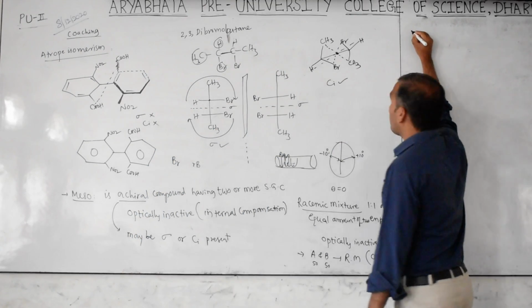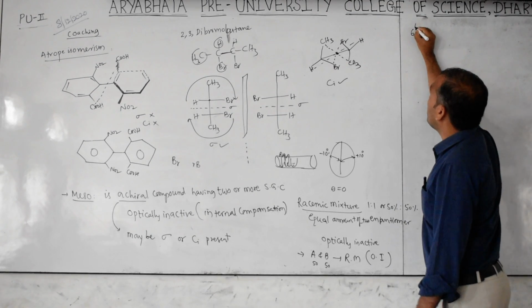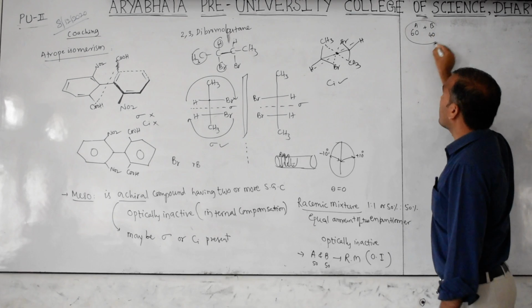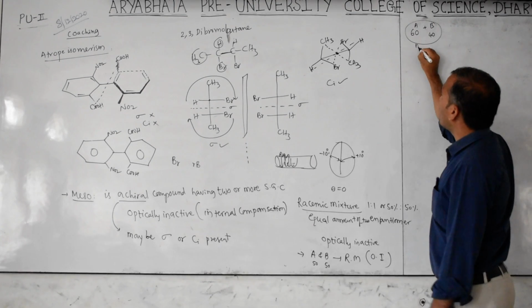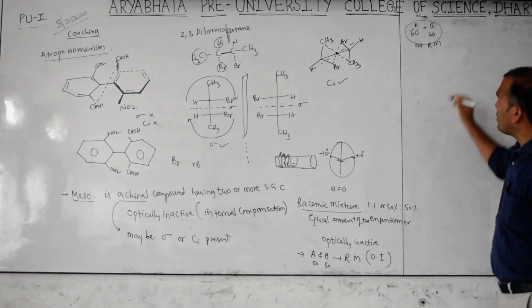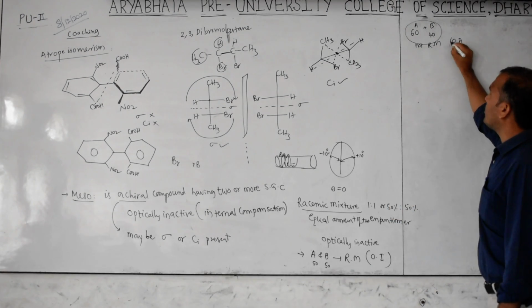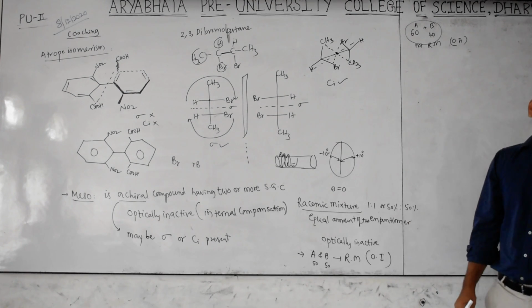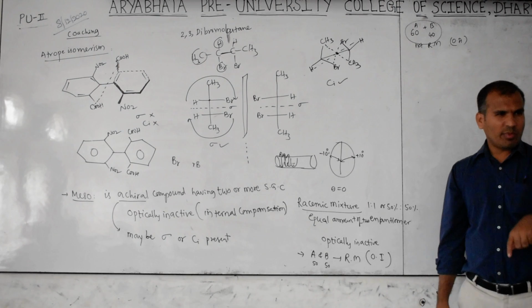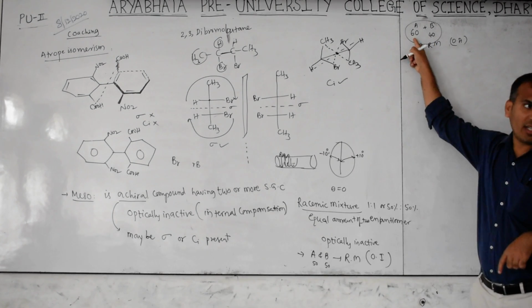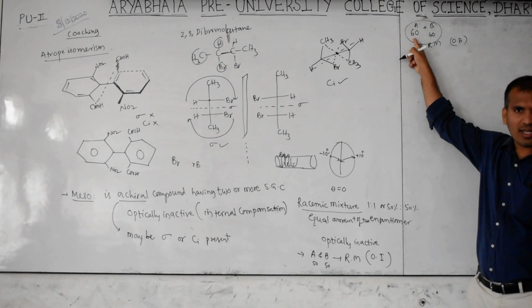If one compound, A, is 60 and the other, B, is 40, then this is not a racemic mixture. When it is not a racemic mixture, it is optically active. Then you may ask, sir, how is it optically active? Racemic mixture means 50-50%. Here it is 40-40, that is racemic mixture.